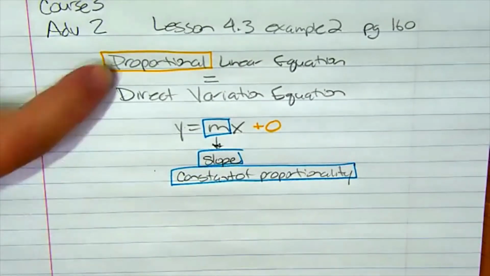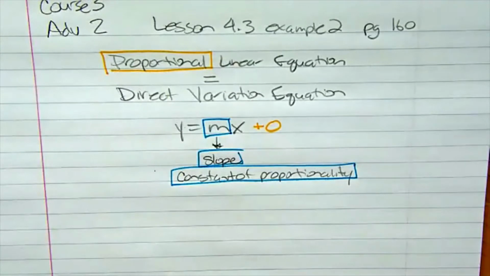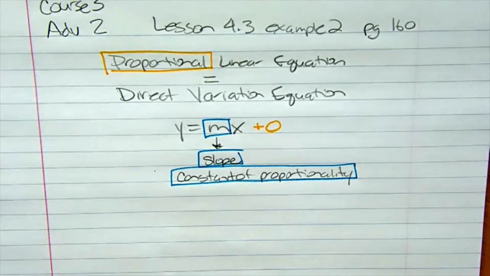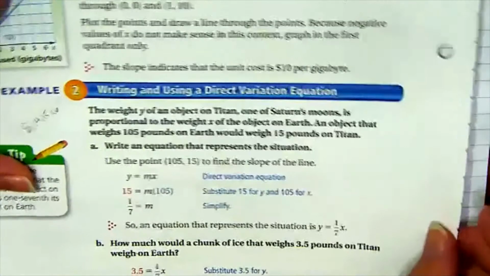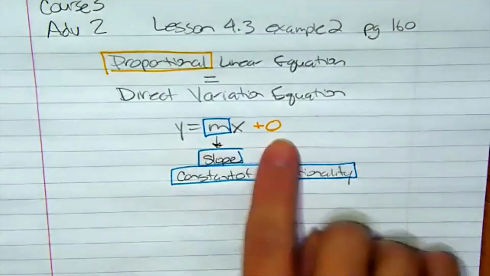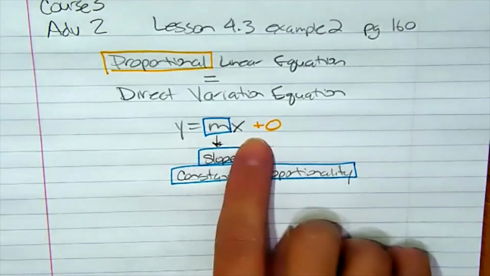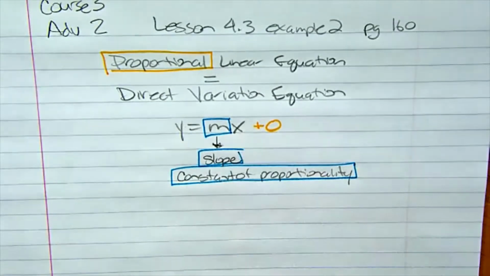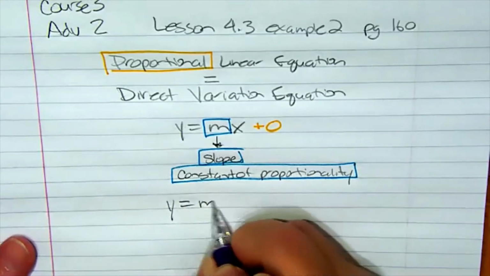It's what makes it a proportional linear equation. So the word problem told me we have a proportional relationship. And I know that this represents a proportional relationship. Okay, so we have y equals mx.